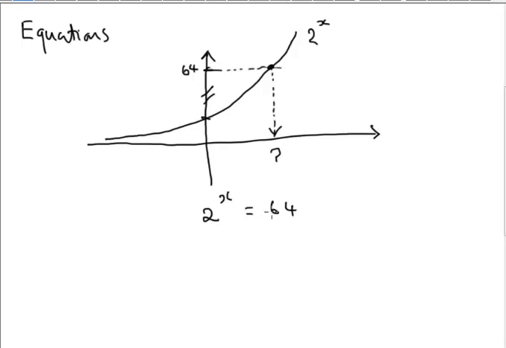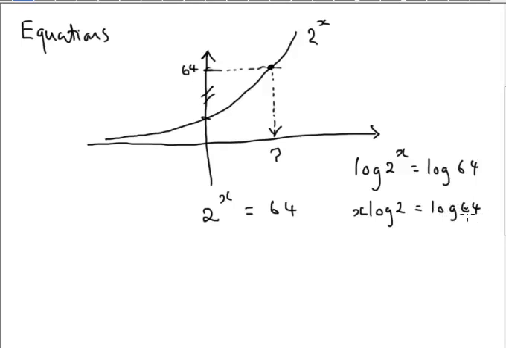64. There are two ways, or more than two ways, I can solve this equation. One way is to take the log function, even base 10, and say log of 2 to the power x equals log of 64. What do you need here? You need the power property. It says x log 2 equals log of 64.